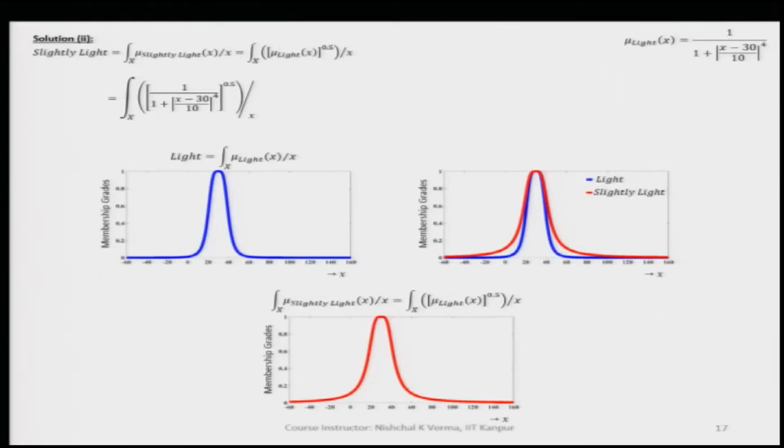Now, let us take an example where we have to find a composite linguistic term for slightly light. For the light linguistic term, we have a fuzzy set, which is represented by a continuous, bell shaped membership function mu light.